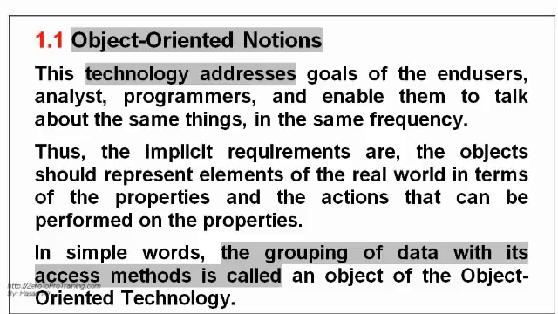Thus, the implicit requirements are that the objects should represent elements of the real world in terms of the properties and the actions that can be performed on the properties. In simple words, the grouping of data with its access methods is called an object of the object-oriented OOM technology.